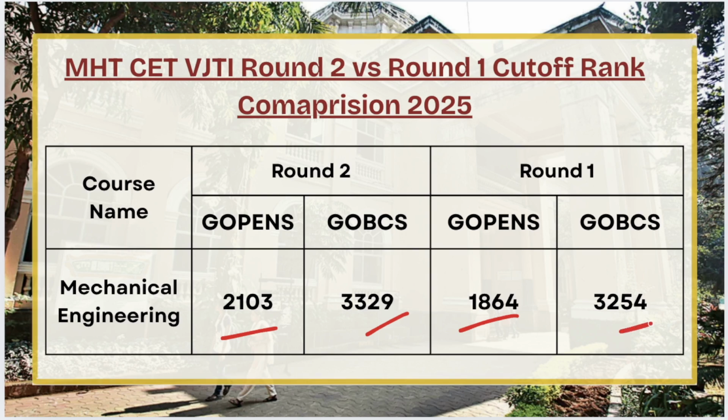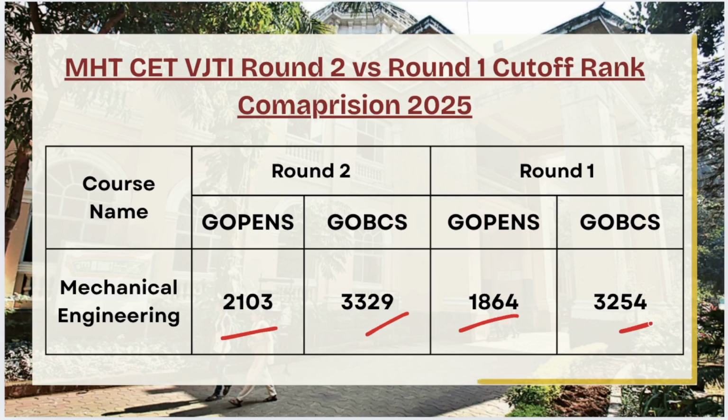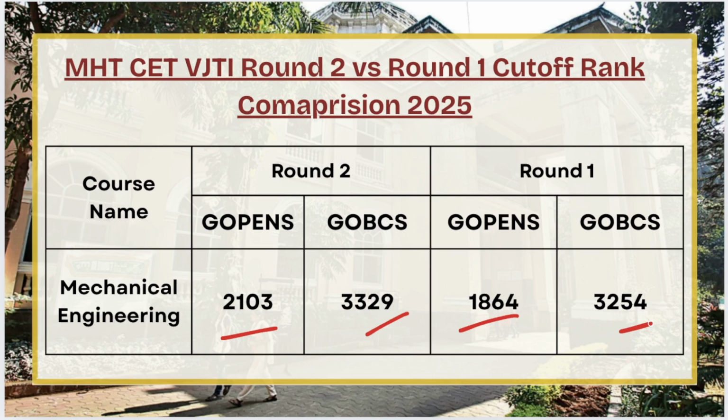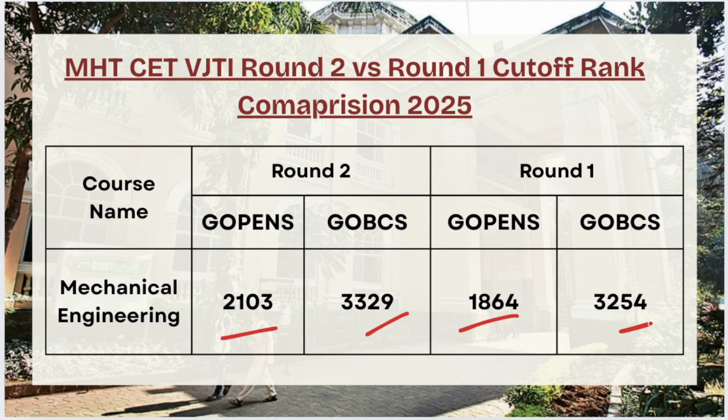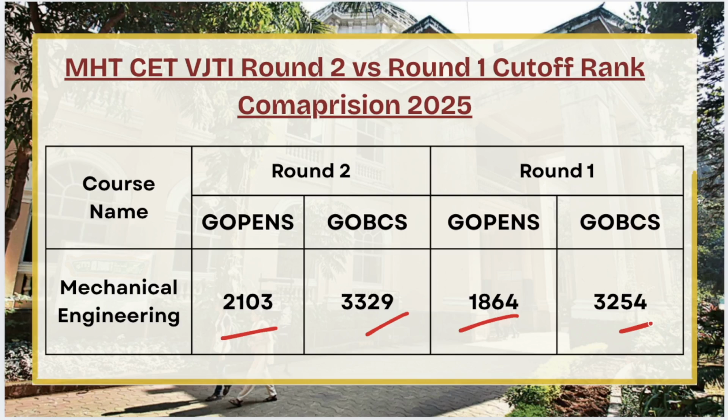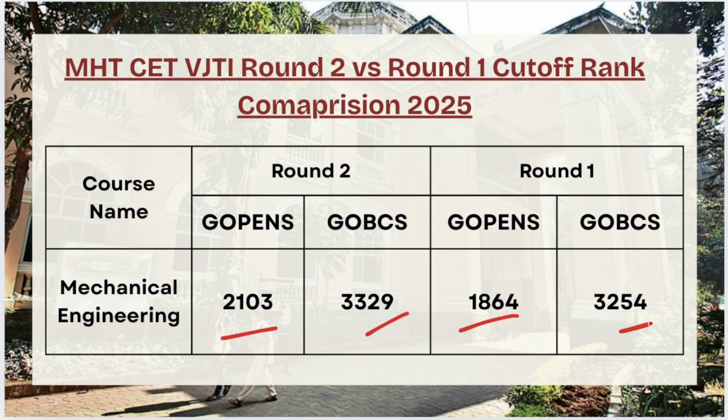So again there is a very slight change compared to G-Open category. In G-Open category the change was more than 150 ranks, whereas in GOBC there is a very slight change. So in Round 3 also you can expect the cutoff to remain below 3500; it will not exceed 3500.